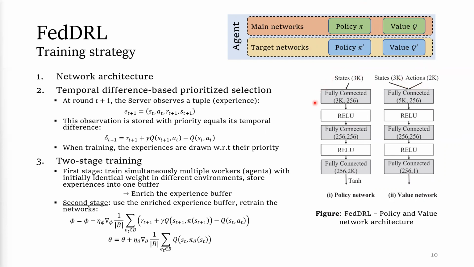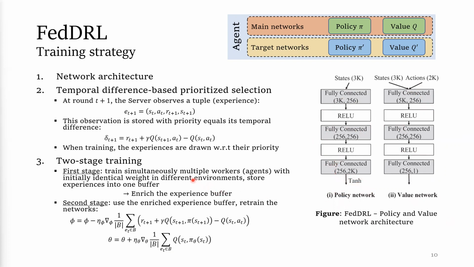However, as we can see here, the sizes are quite different, since the policy network only takes the states as input, but the value networks also take the state and the actions. Both of the networks have 3 dense layers and 2 activation layers in between, and the output of the policy network also has a tanh activation layer.